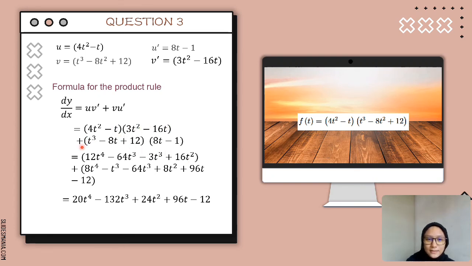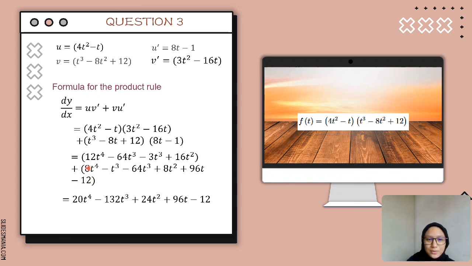And the second function multiplied with the first, we expand it also. So t cubed with the 8t and so on. Then we get 8t to the power of 4 minus t cubed minus 64t cubed plus 8t squared plus 96t and minus 12.